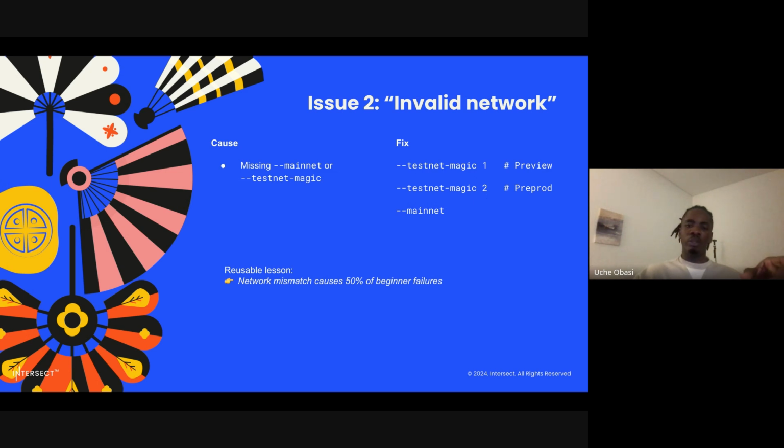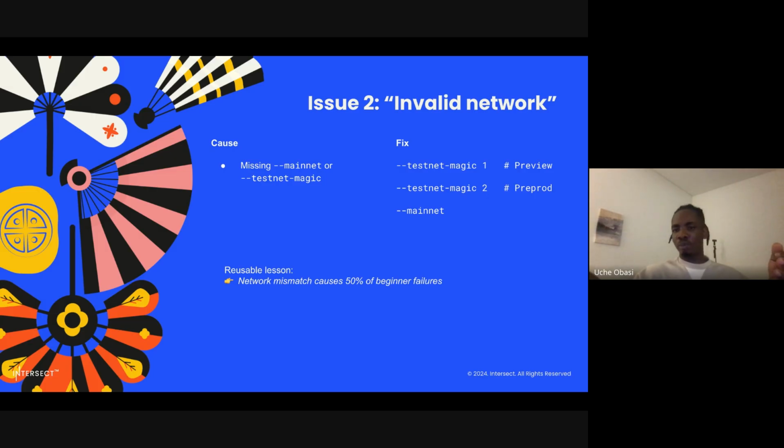Or when running the wallet, check if we even appended the network flag to the entire command. Did we append dash mainnet, if we want to deploy on mainnet, or did we append dash testnet magic, if we want to deploy on testnet?